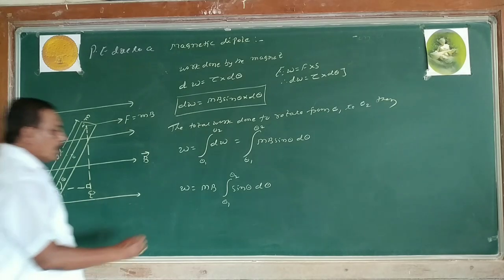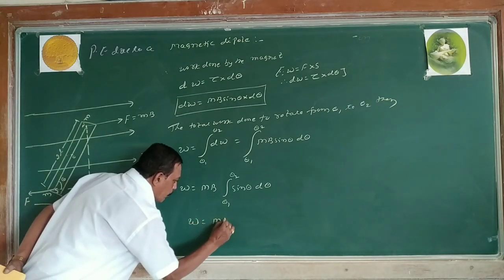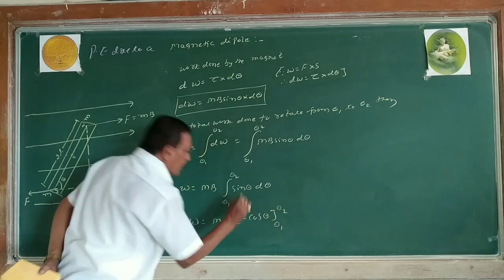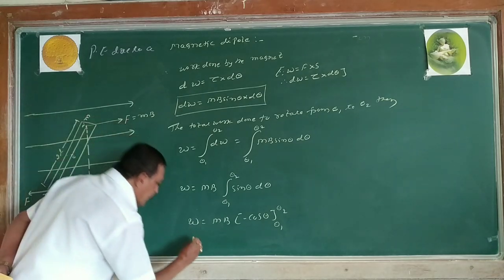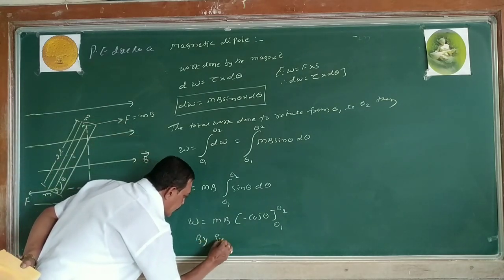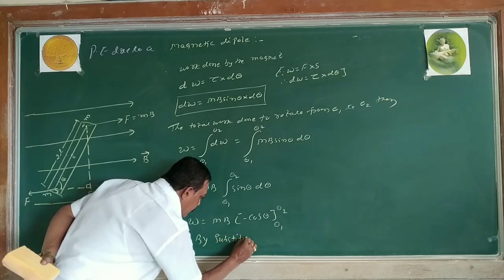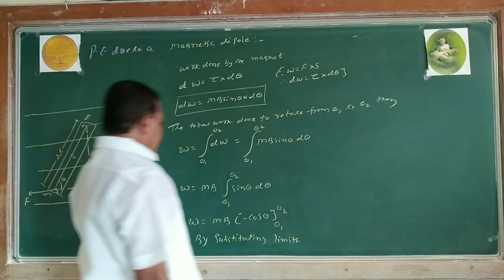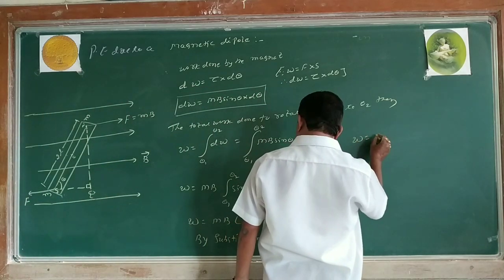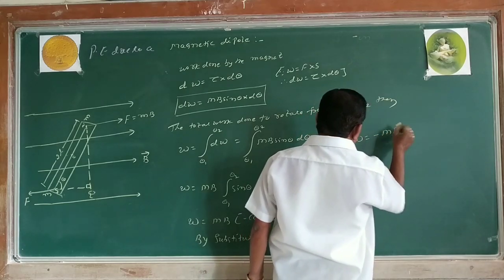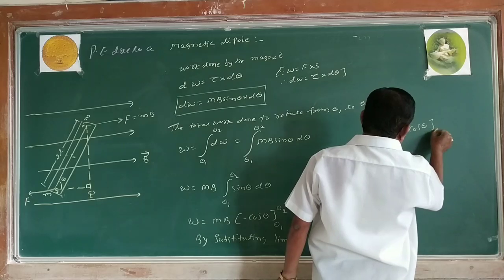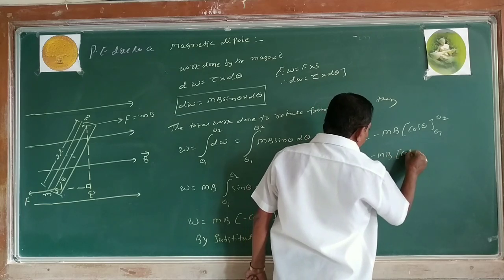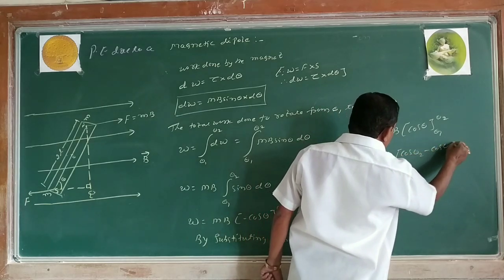After integrating, work done equals mB times minus cos theta, with the limits in brackets. By substituting the limits, work equals minus mB cos theta from theta 1 to theta 2, which is minus mB (cos theta 2 minus cos theta 1).